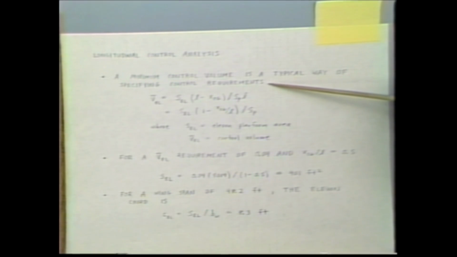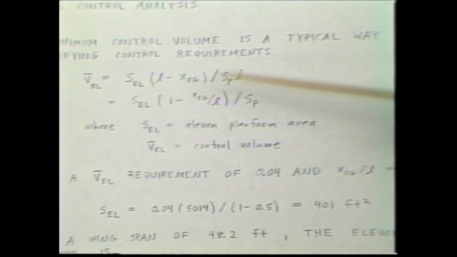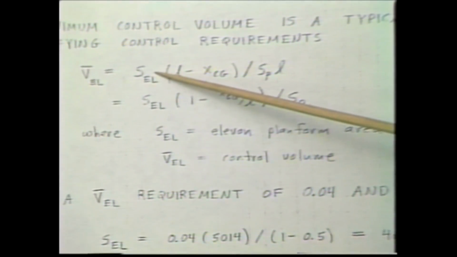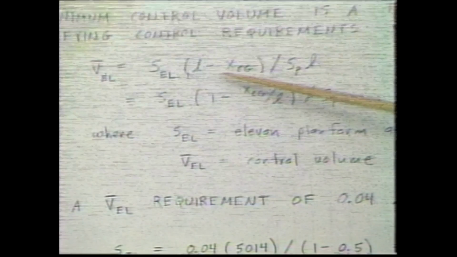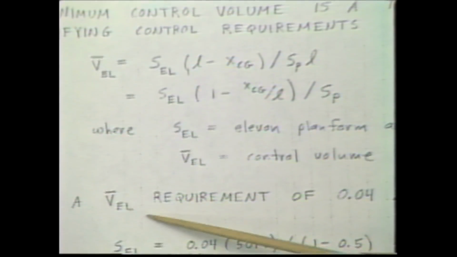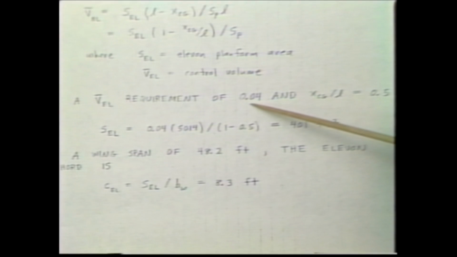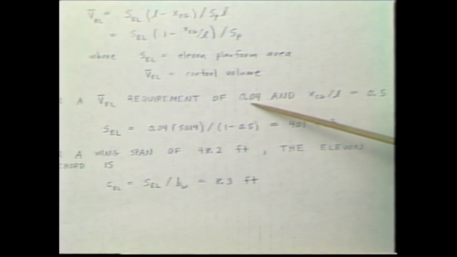A typical parameter used to establish a control requirement or a control power is something called control volume, which is basically just the planform area of the control surface times its distance away from the CG divided by the reference planform area, which is our body planform area and length. A typical value that can be used for preliminary estimates of the control power requirements is what we call a V-bar, or control volume requirement of 0.04.